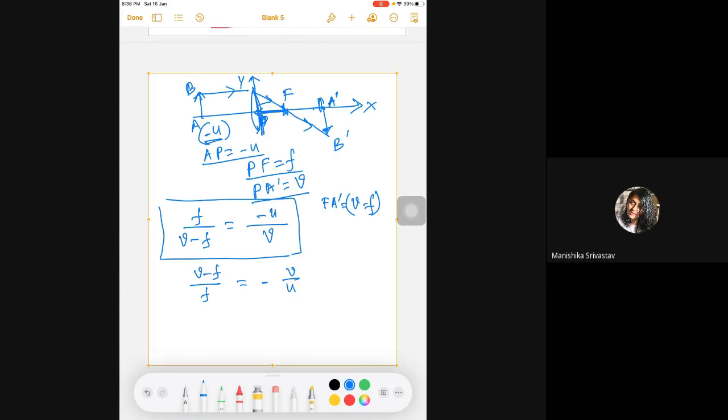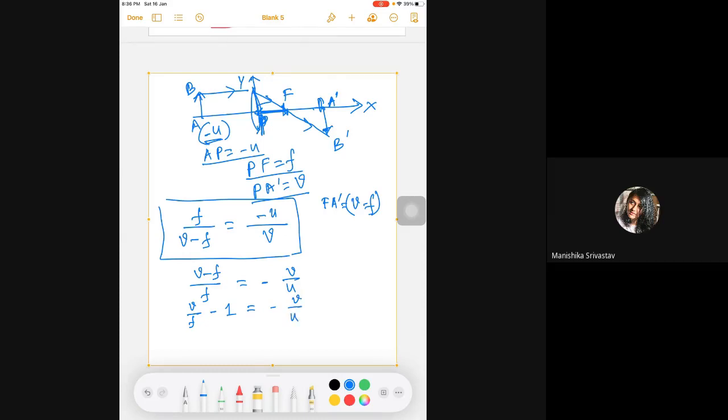Now I'll write v by f minus 1, f by f is 1, and it will be minus v by u.